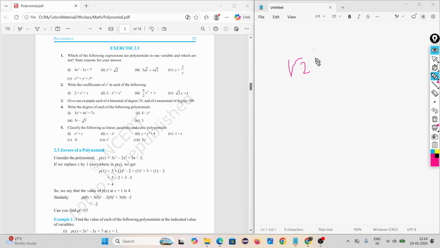Suppose, is root 2 t a polynomial? Look at the power, why are you looking at the coefficient? Only the power of a variable matters, don't look at the coefficient.